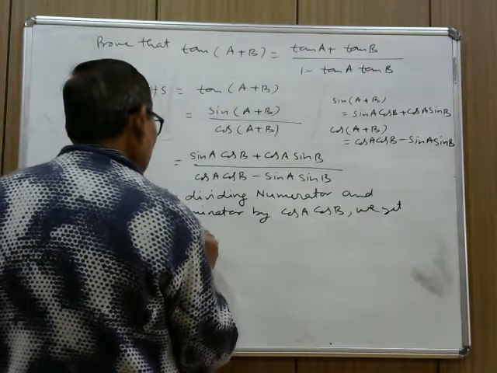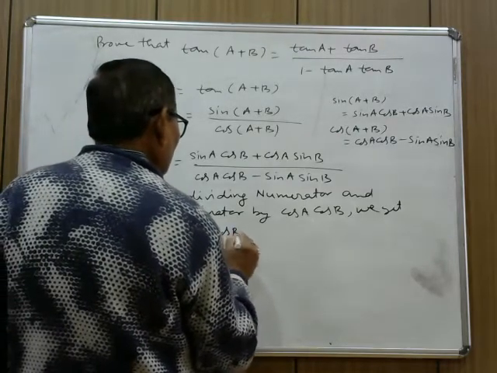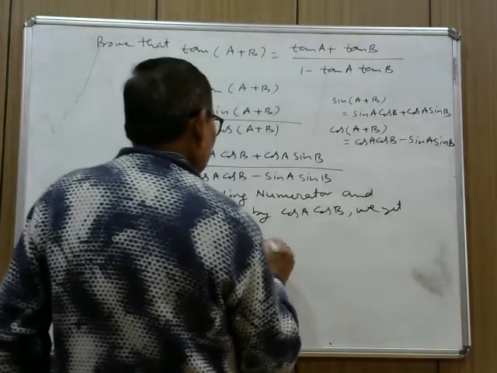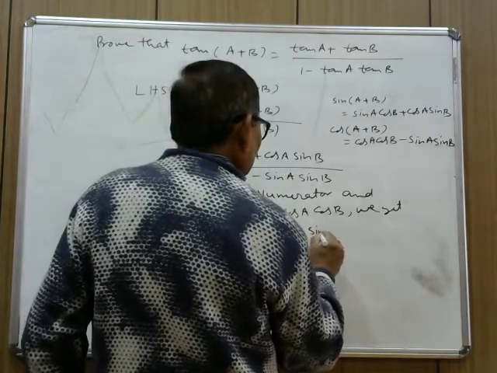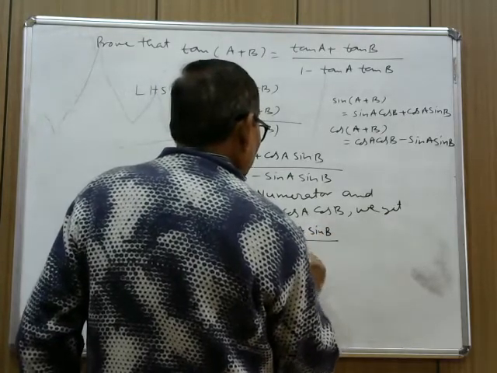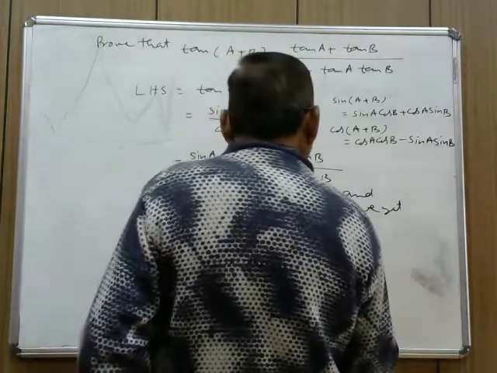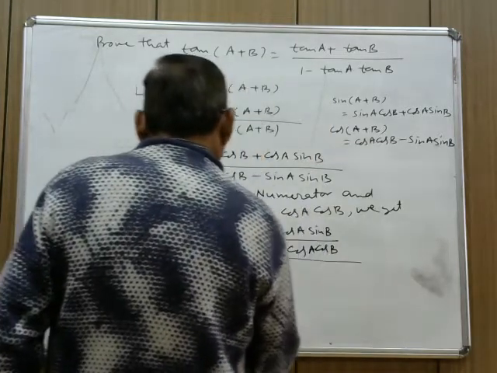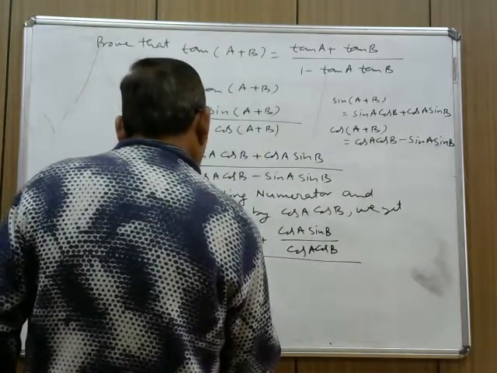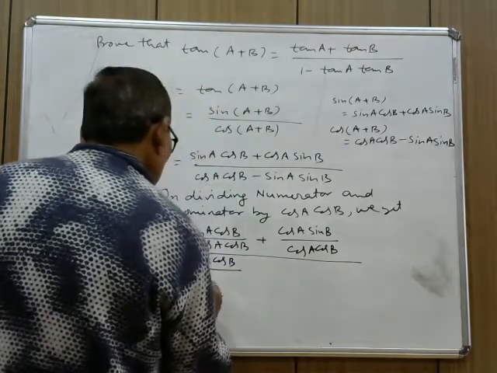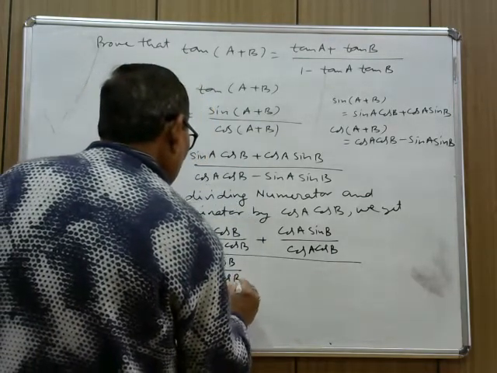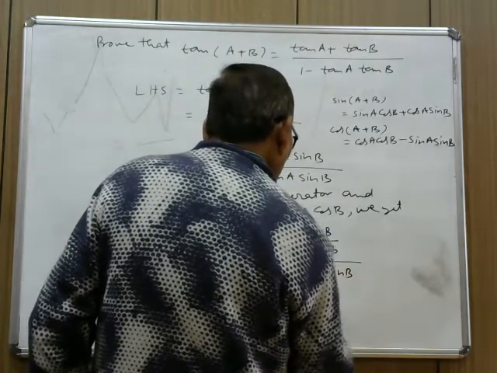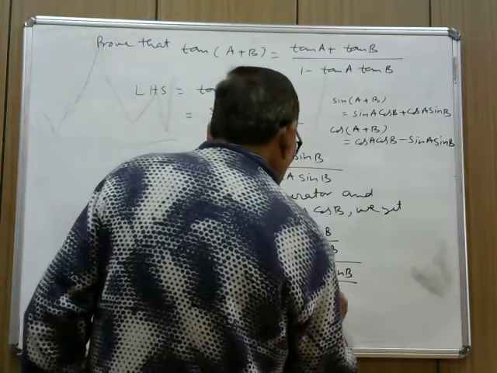that is equal to (sin A cos B upon cos A cos B plus cos A sin B upon cos A cos B) upon (cos A cos B upon cos A cos B minus sin A sin B upon cos A cos B).